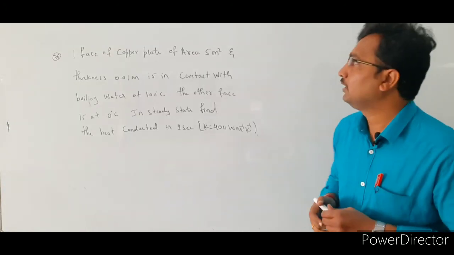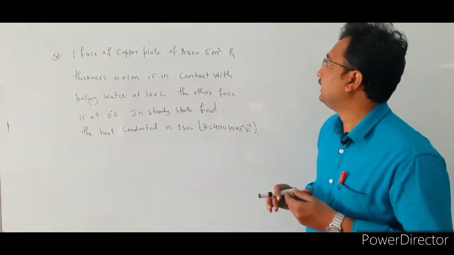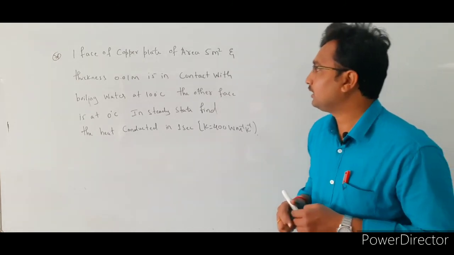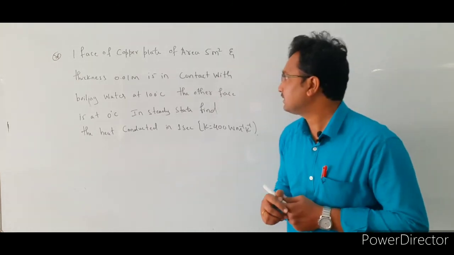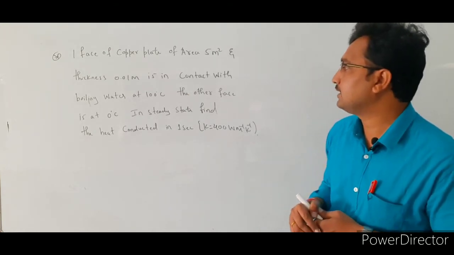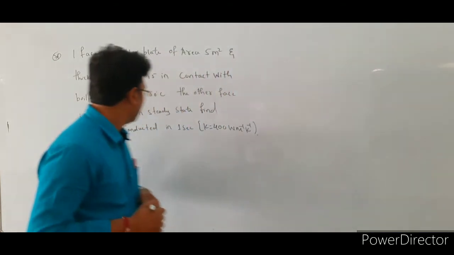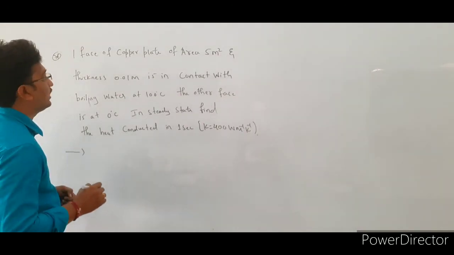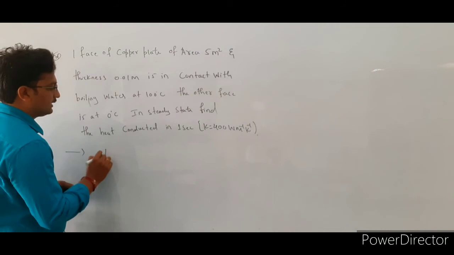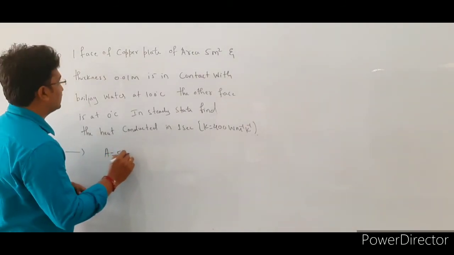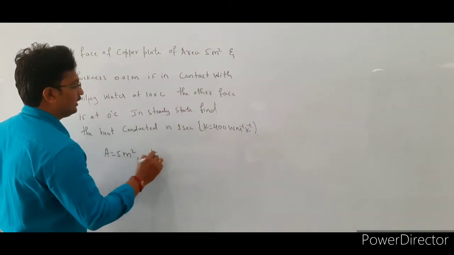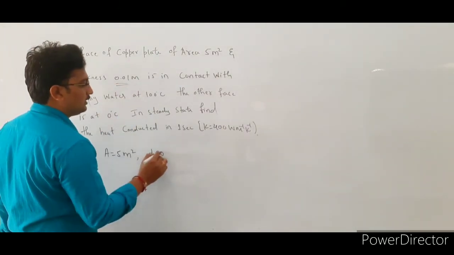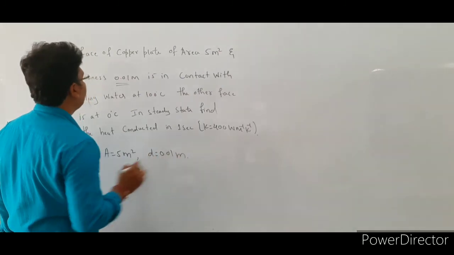See the problem here. One face of a copper plate of area 5 meters square and thickness 0.01 meter is in contact with boiling water at 100 degrees Celsius. The other face is at 0 degrees Celsius. In a steady state, how much heat is conducted in 1 second? Write down the given terms: the area A is equal to 5 meters square. Thickness D is nothing but the distance between the two faces, that is 0.01 meter.